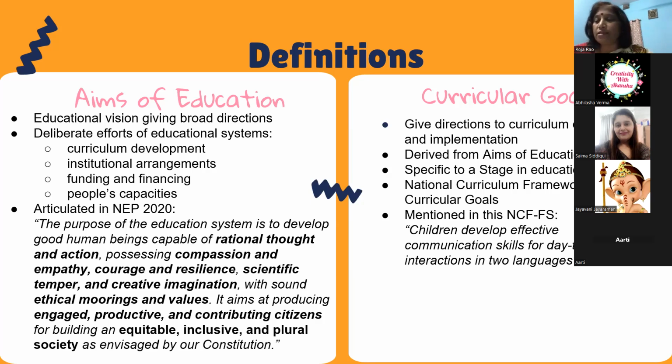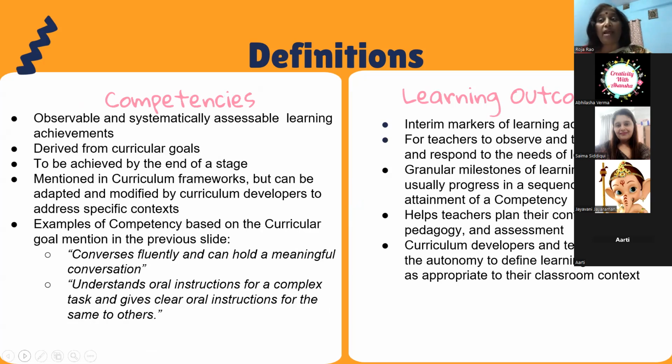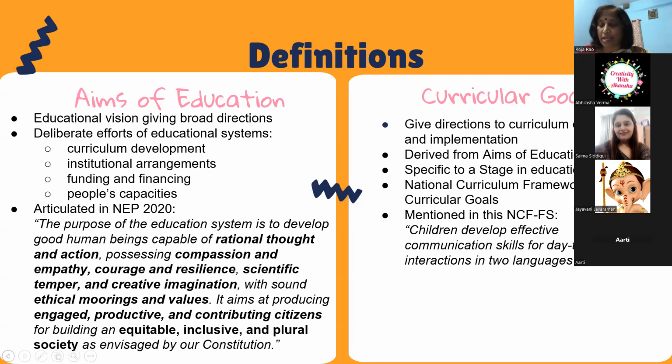The next key term is curricular goals. Now, what are these curricular goals? These curricular goals are the statements that give direction to the curriculum for its development and implementation. They are derived from the aims of education and for any particular stage.